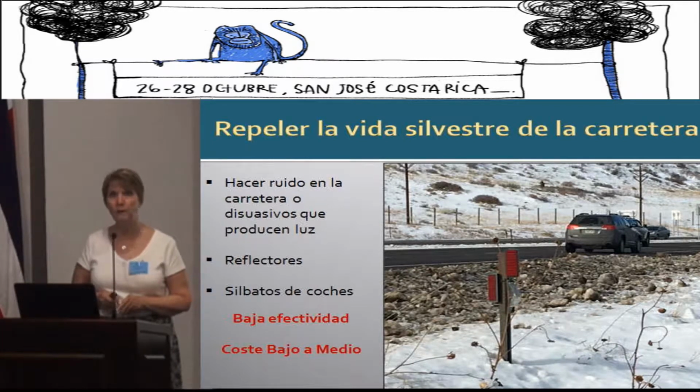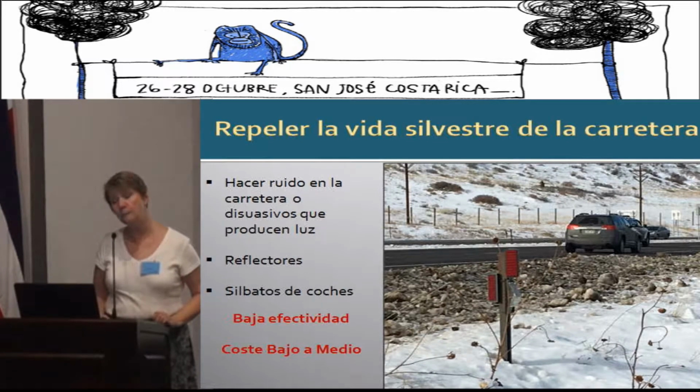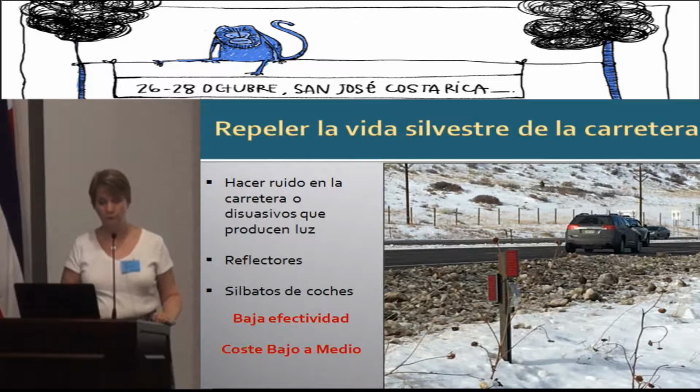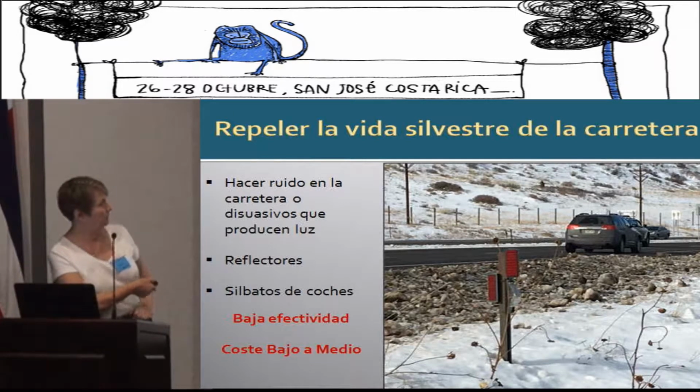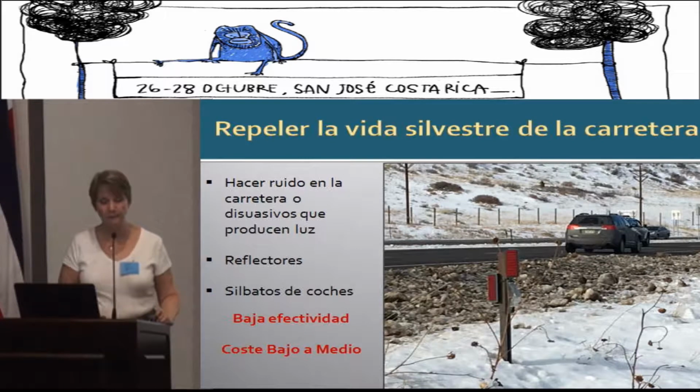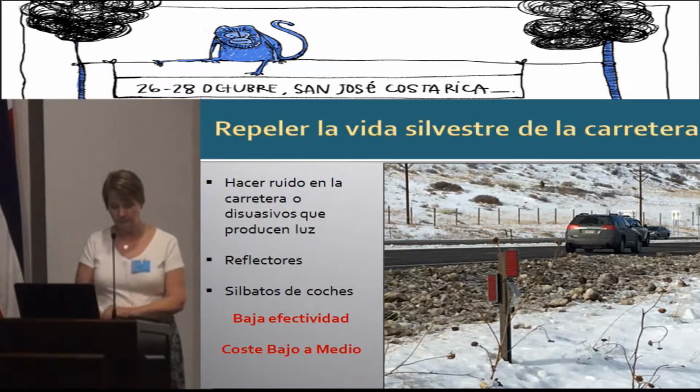There are a number of repellent types of ideas, and most of these simply do not work. And if they do work, then the likelihood that animals will habituate to them and the effectiveness would reduce is great. I think the best example of this are reflectors, which are these structures here, and the people who have invented these have been very, very good at selling them, but in general, they don't work, even if they're maintained properly.